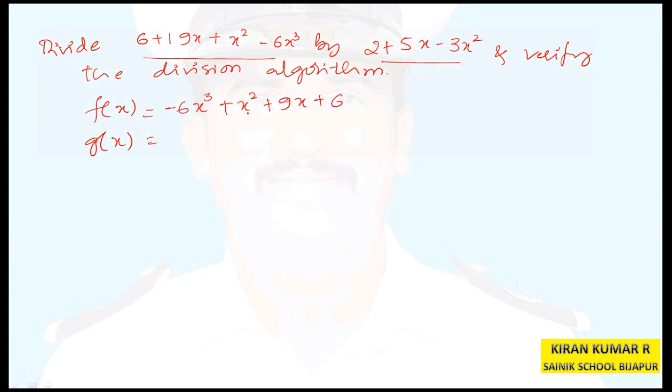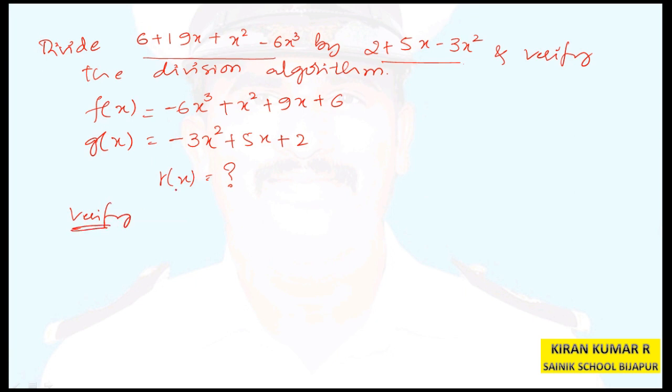So this is a standard form of this polynomial. Same way, g of x. The standard form is minus 3x square plus 5x plus 2. Now you can continue division. As you try this, on division, we get some remainders. Now you have to verify this.